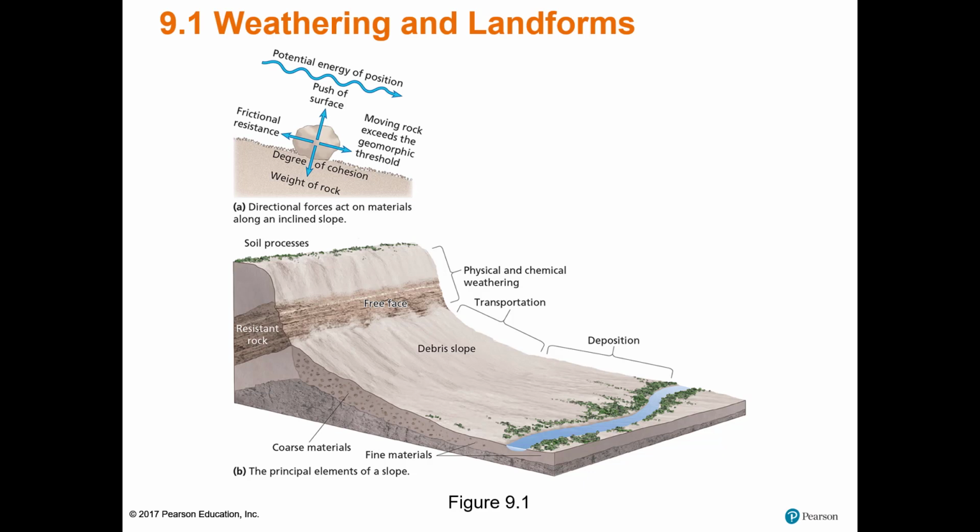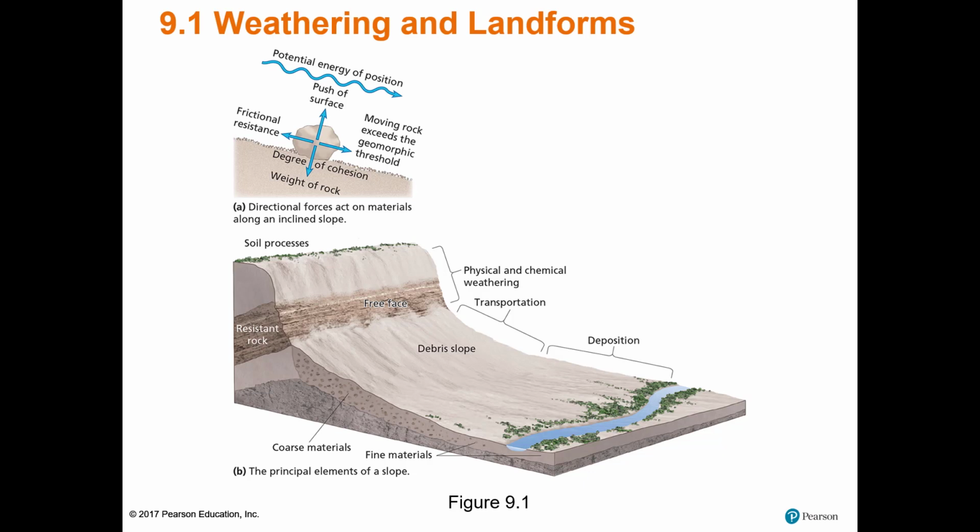So friction is when 2 objects are coming in contact with each other, and the forward movement of that object is hindered because of that friction. And then down to the right, we can see that if the object is moving in this direction, it means that the rock exceeds the geomorphic threshold and is moving.